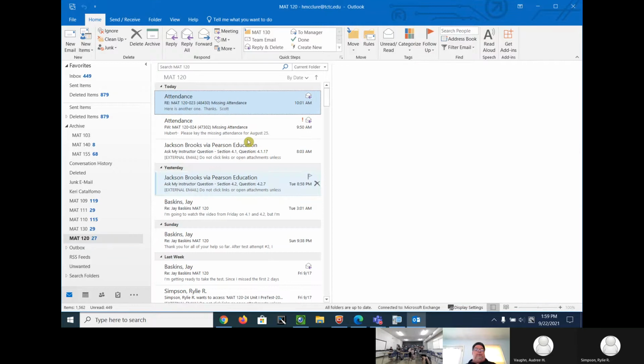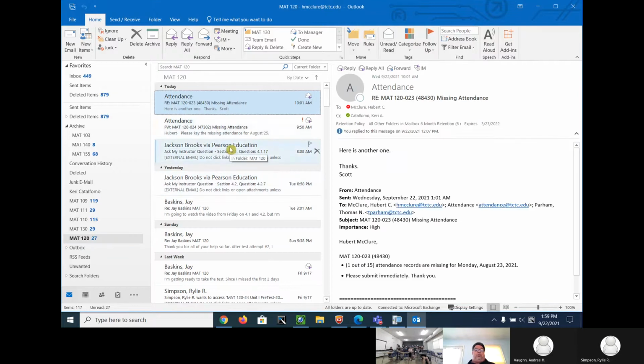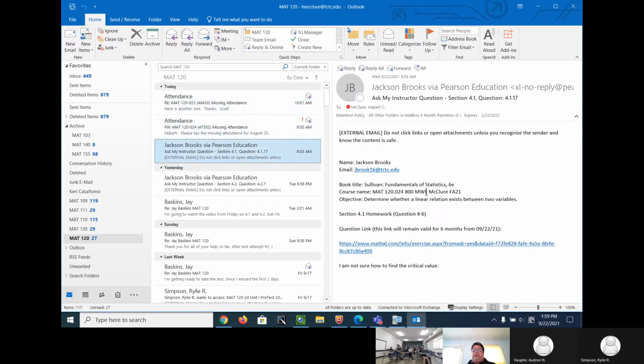So the first question that we got is 4.117/6. This is not residuals. This is just 4.117/6. I don't know why it didn't pull up, but I'll pull it up again.